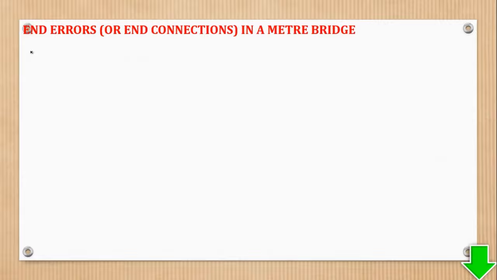So now we shall go to another term, still under balanced condition of a meter bridge. There's a term called end errors or end connections in a meter bridge. So what are these end errors?